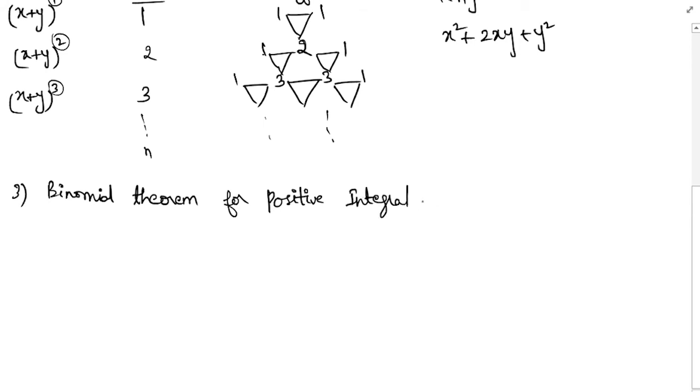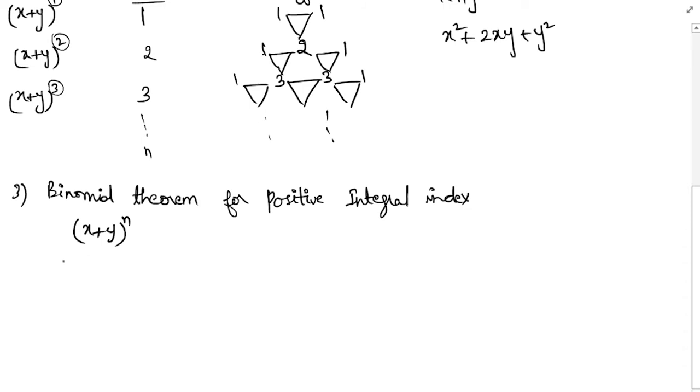In the expansion of x plus y whole power n, as we proceed from left to right, the index of x decreases and the index of y increases each time by 1. Did you observe that?